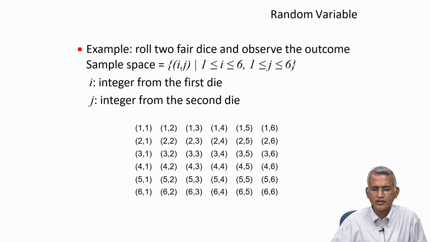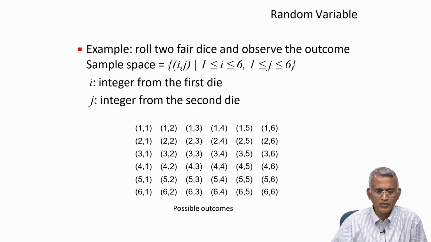Therefore, the possible outcomes for a pair of dice are 11, 12, 13, 14, 15, 16 and so on, 61, 62, 63, 64, 65 and 66. So, these are all the possible outcomes of the total sample space of rolling two fair dice.